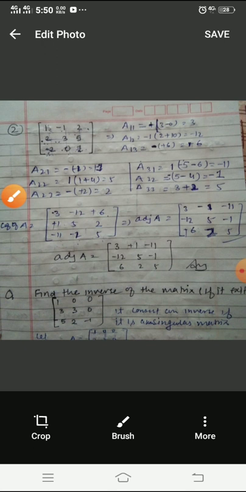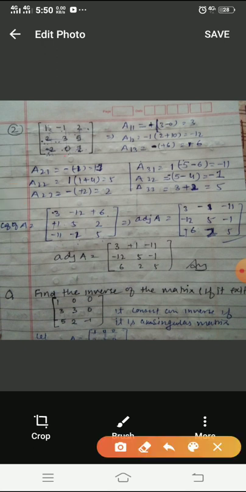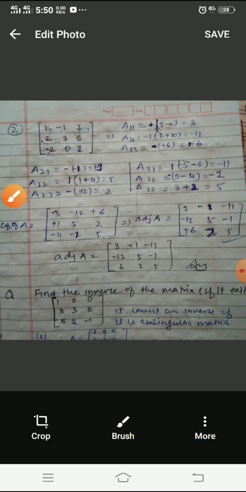So minus 1 is this. Clear? And you have to eliminate this row and this column. So minus 1 into minus 1 and 0. So you get minus 1 inside and outside minus, so you get plus 1. Clear? Similarly, you have to find all these.